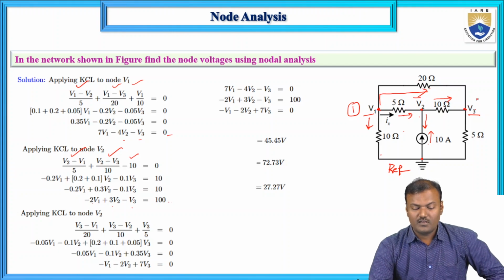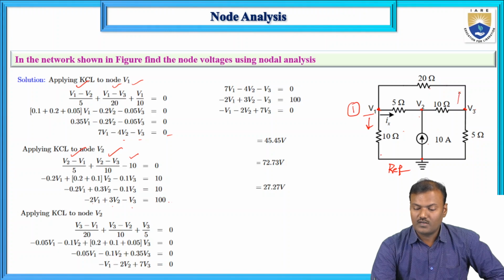Now the nodal equation at the third node, V3 minus V1. Again, the node currents are assumed to be flowing away from this node.